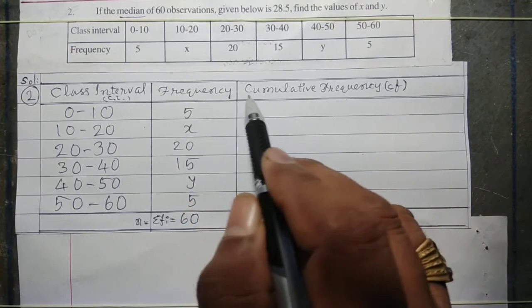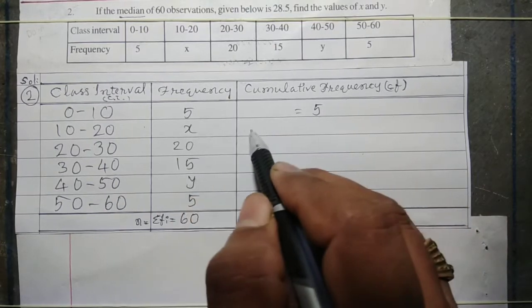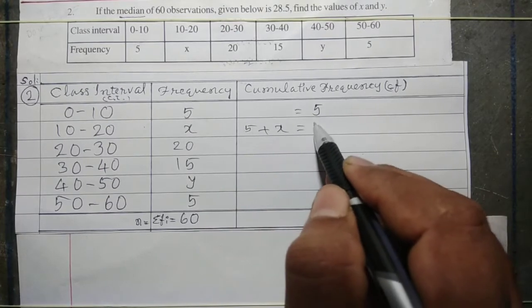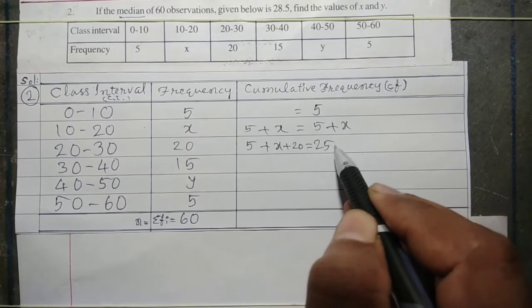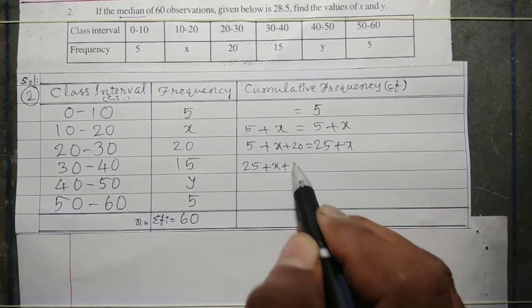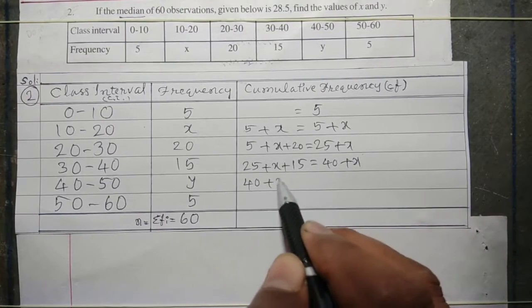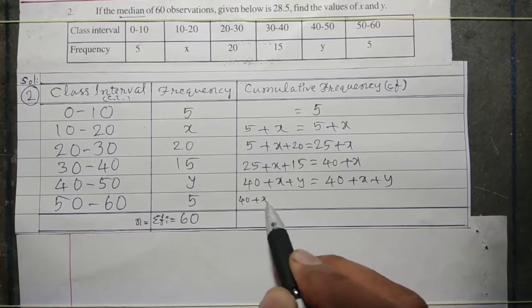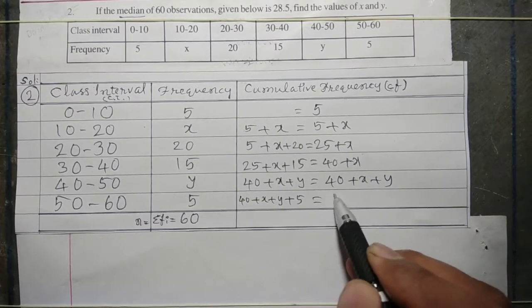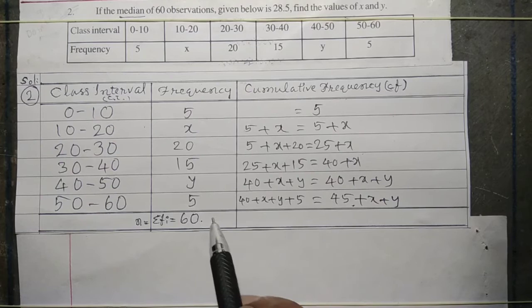Cumulative frequency of these frequencies, like this we can calculate: 5, 5 plus x, 5 plus x plus 20 is equal to 25 plus x, 25 plus x plus 15 is equal to 40 plus x, 40 plus x plus y, and 40 plus x plus y plus 5 is equal to 45 plus x plus y. This and this both are equal, we know.